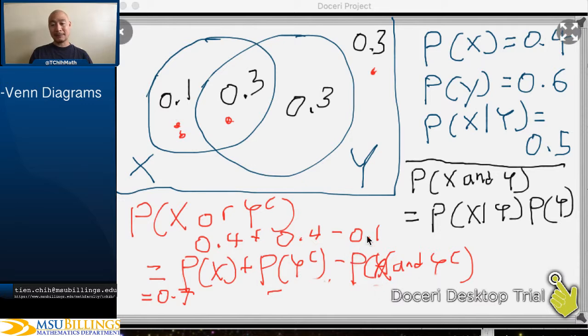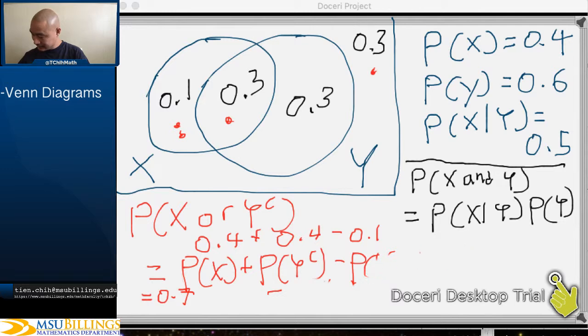So we subtract that 0.1 region off, and now we only get one copy of it, so it's 0.3 plus 0.1 plus 0.3, which is 0.7. There was never any point in doing that once you have the whole thing worked out, right? They're basically the same. You're welcome to do whatever you want to work this out, but I'm just pointing out that at this stage everything is laid out for us.